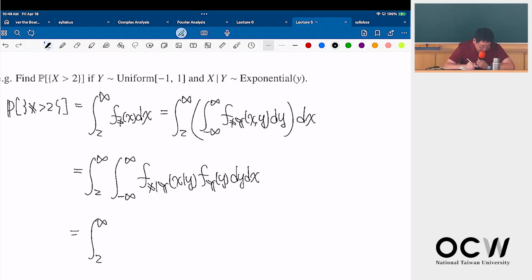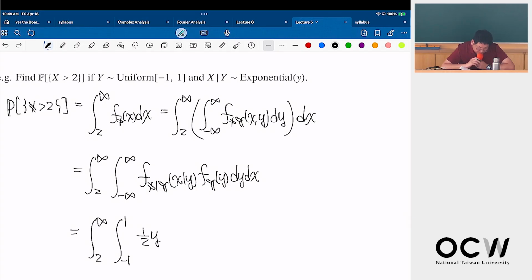So here we have y is uniform from -1 to 1. So it will be 1/2. And then x given y, that's exponential.